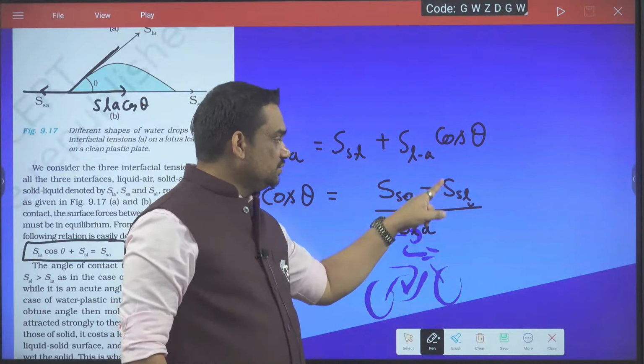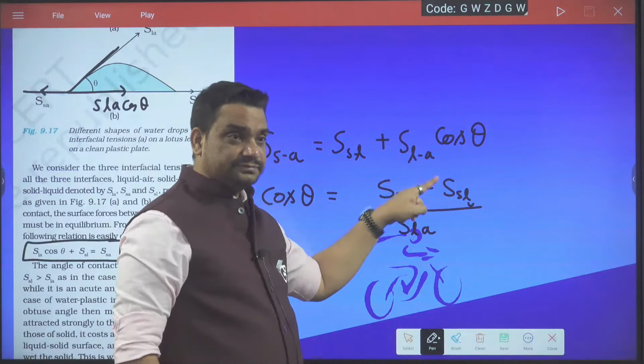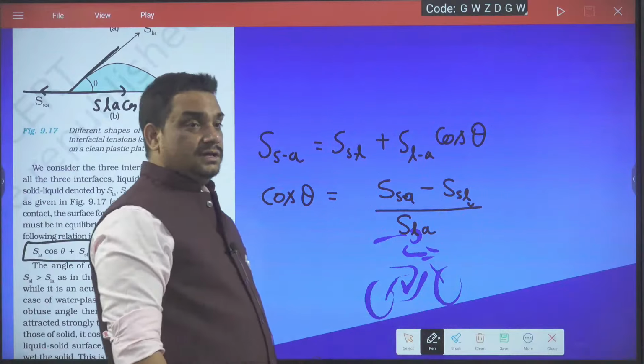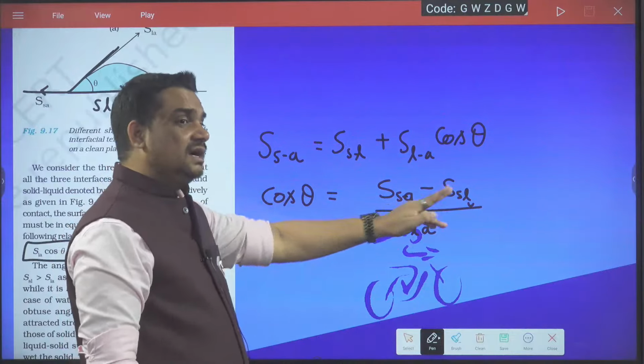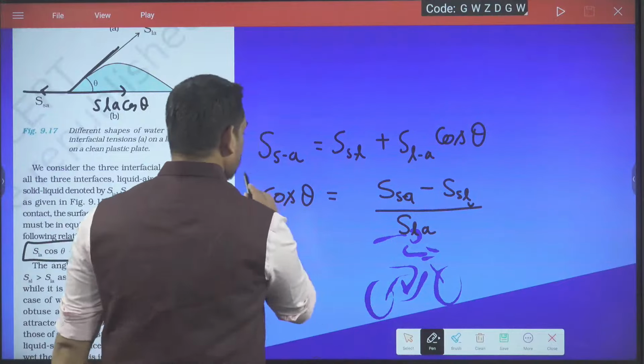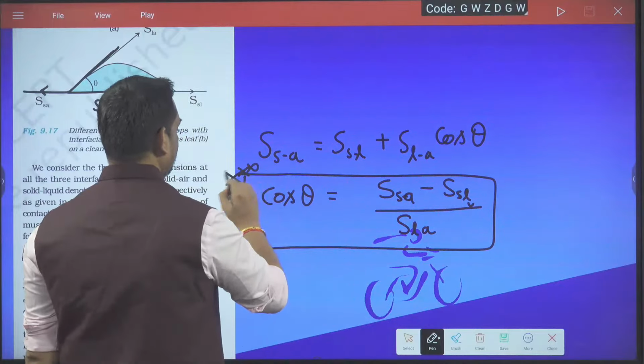Otherwise it will be obtuse. If solid-liquid is more, then molecules will be attached, so it can be obtuse. So acute or obtuse is decided by this formula.